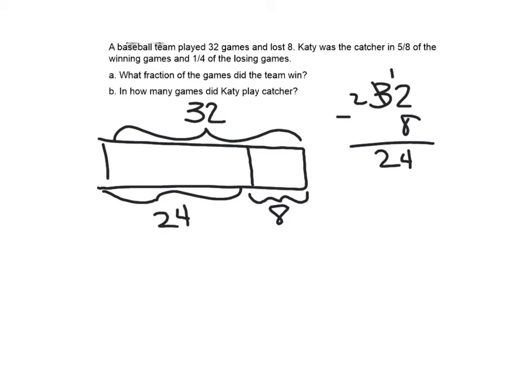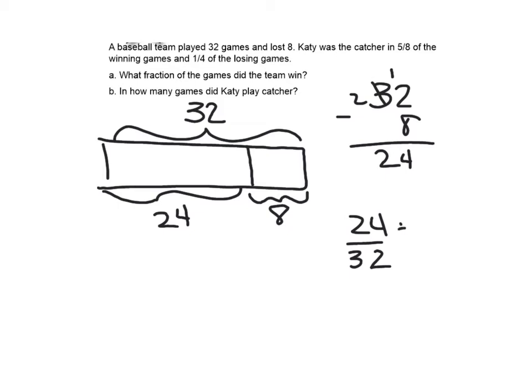Now Katie was the catcher in 5/8 of the winning games. So 5/8 of these games, she was the catcher, and she was the catcher in 1/4 of the losing games. They first want to know what fraction of the games the team won. So we know that they won 24 out of 32 games. Let's see if this simplifies and will tell us what fraction of the games they won altogether.